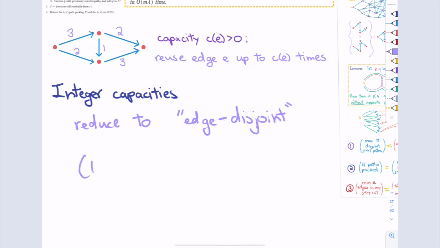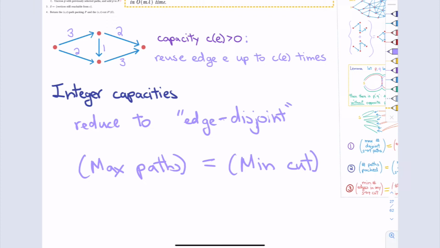And again, we still get that the max number of paths equals the min cut for integer capacities as well, where max paths refers to the total quantity, the sum of x's, and min cut refers to the minimum capacity over any ST cut.